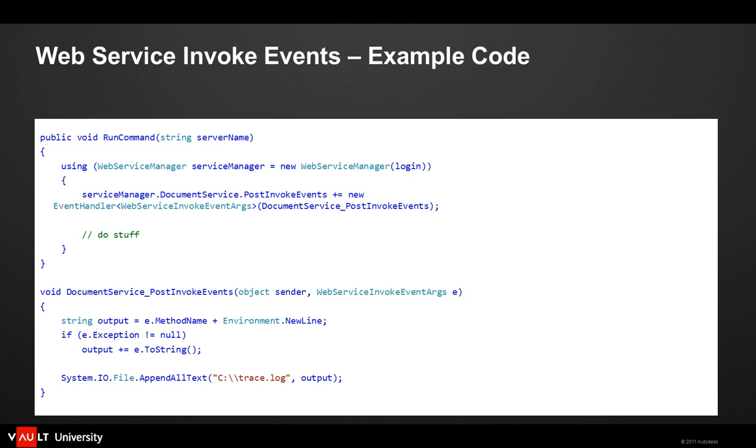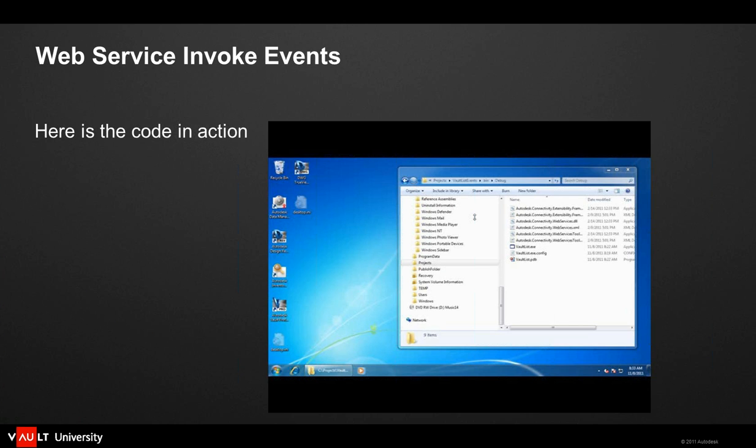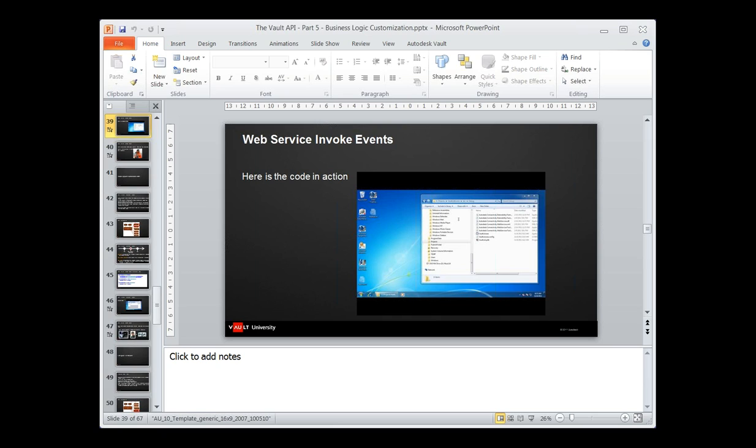The code I'm showing here is just writing all of my document service calls to a log file. If things succeeded, I'm just going to write out the name of the function. But if an error happened, I'm going to print out the full exception trace. So all of that's going to go into the trace log. Let me switch to video real quick so I can show you what this looks like.